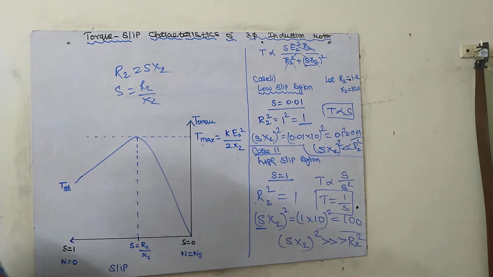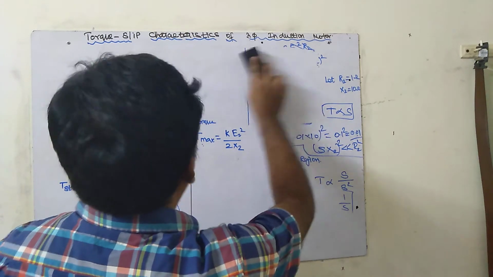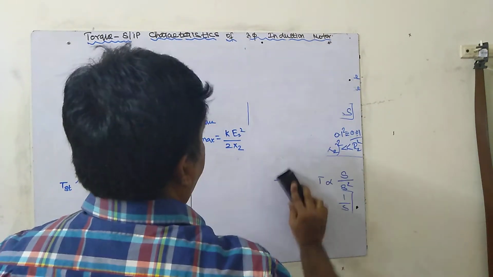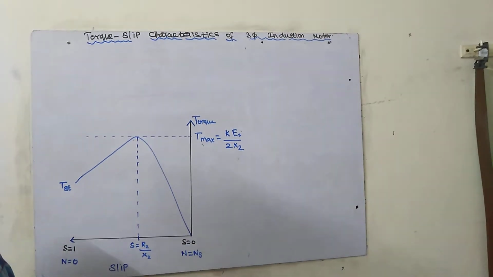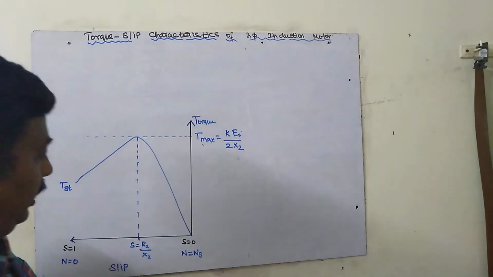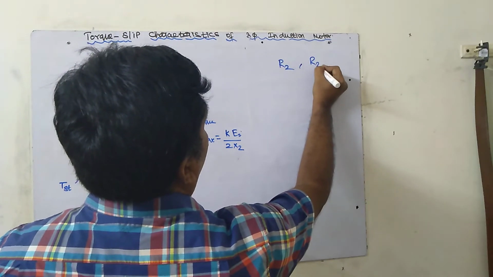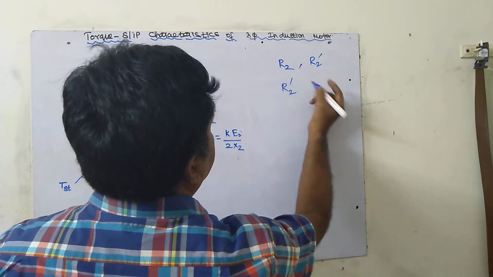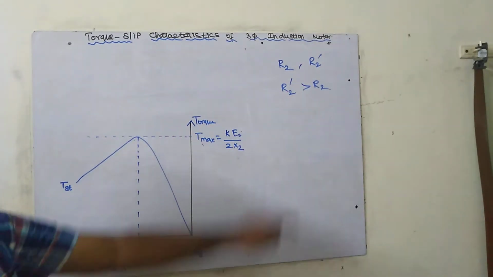Here I will remove all those things. Previously the value is R2, now the value is R2 dash. R2 dash is greater than R2, that is, I have increased the rotor resistance. The new rotor resistance is R2 dash.